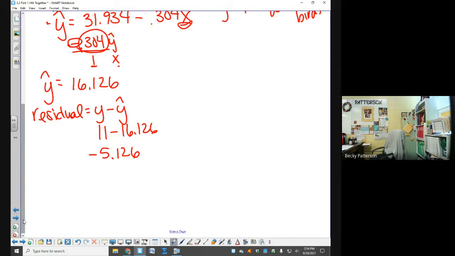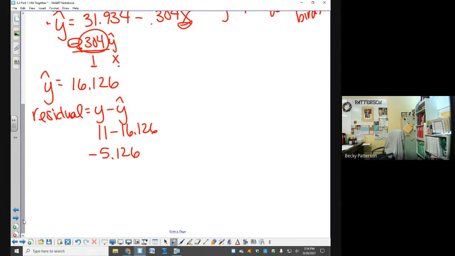You're so close. This is not a percent. This is the number of adult birds, right? If 52% of the birds return, there were 5.126 fewer adult birds than was predicted.